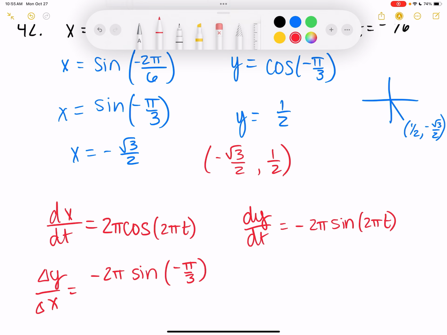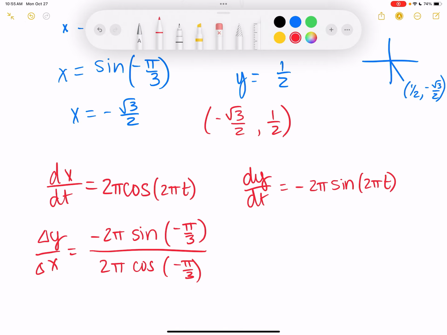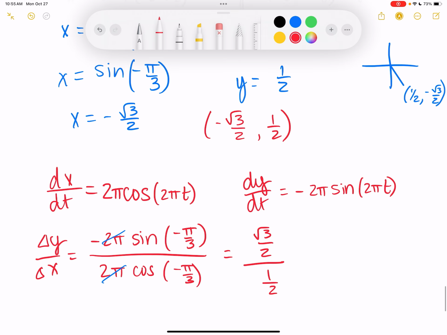And then on the bottom, 2 pi times the cosine of negative pi over 3. 2 pi's cancel. So I've got the negative sine of negative pi over 3. Sine of negative pi over 3 is negative root 3 over 2, times the negative is going to be a positive root 3 over 2, over the cosine of negative pi over 3, which is 1/2. So we just do that. Keep, change, flip. I end up with square root of 3.